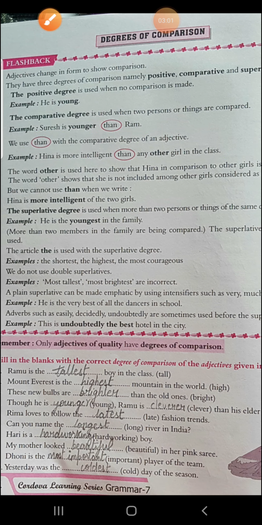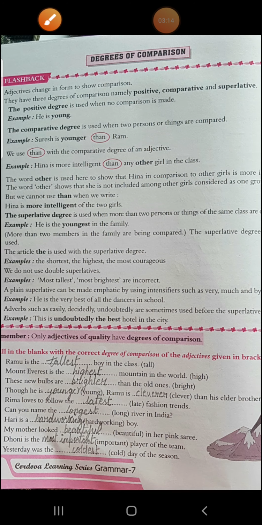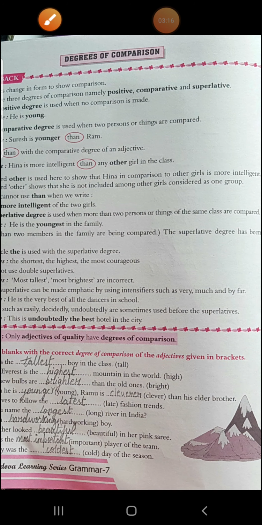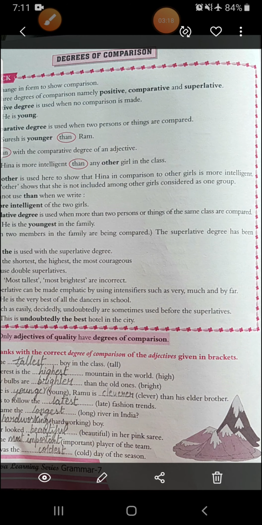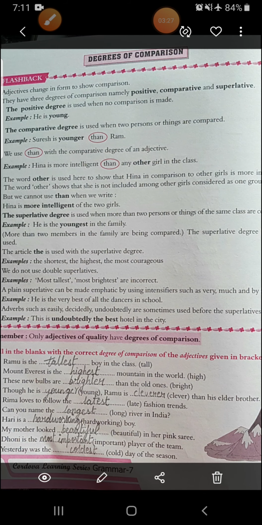In the second example, the word other is used here to show that Hina, in comparison to other girls, is more intelligent. So we are comparing Hina with the rest of the other girls. Other girls is taken as one group and Hina is taken as one group. So again you can see the comparison is done between two only.